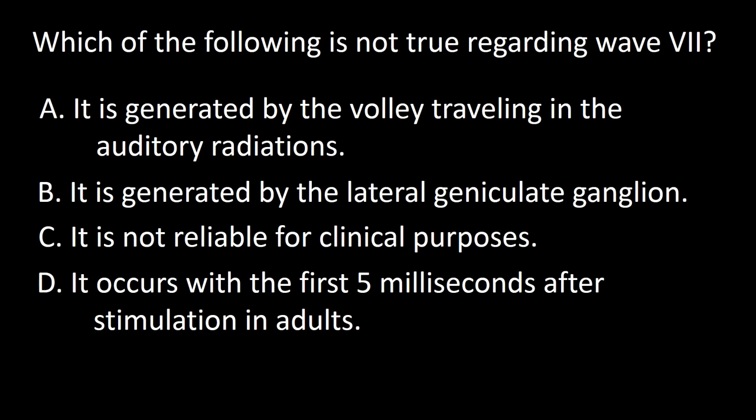Next question. Which of the following is not true regarding wave 7? A. It is generated by the volley traveling in the auditory radiations. B. It is generated by the lateral geniculate ganglion. C. It is not reliable for clinical purposes. D. It occurs within the first 5 milliseconds after stimulation in adults.